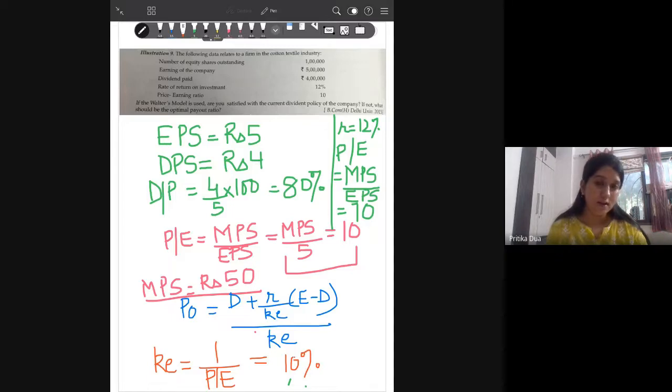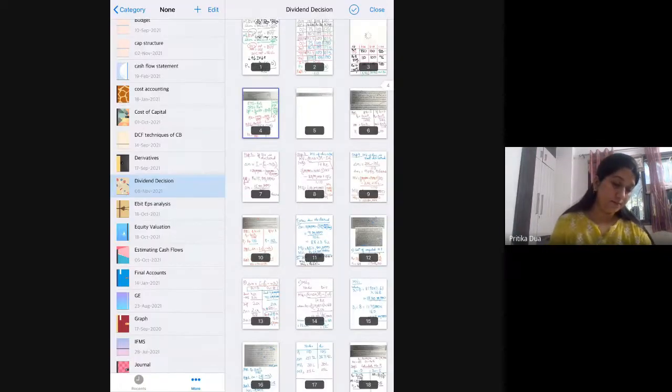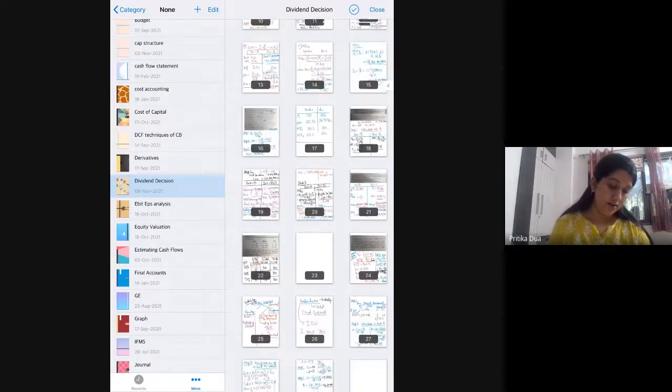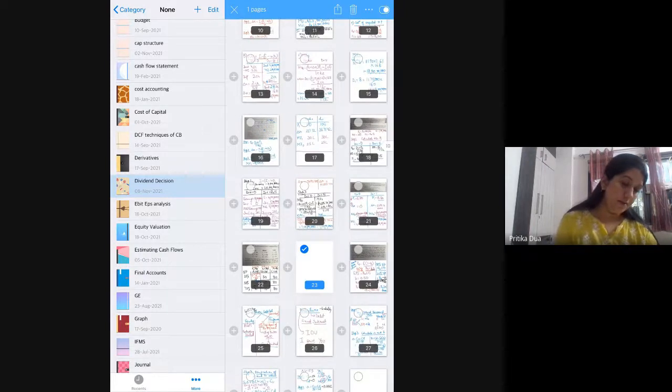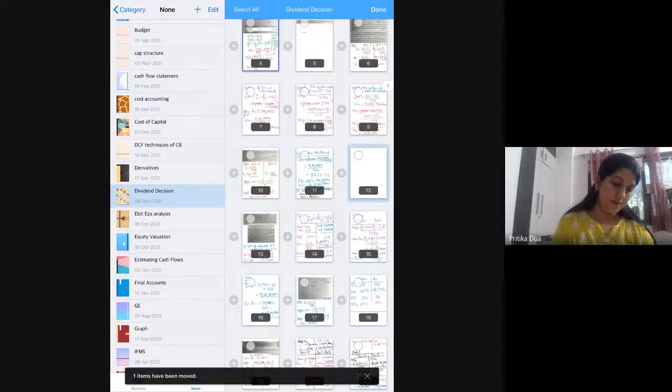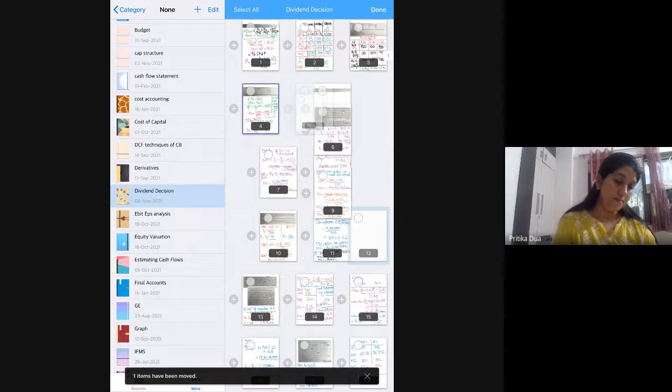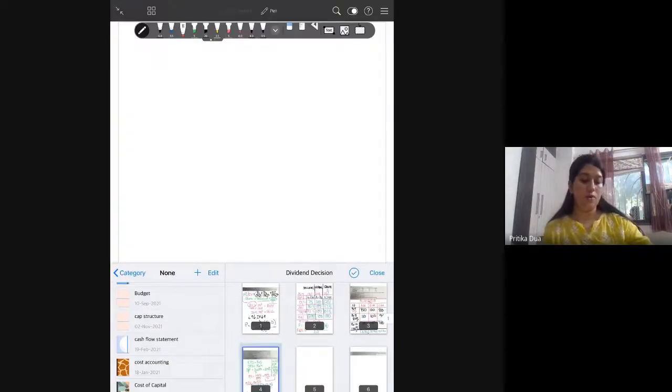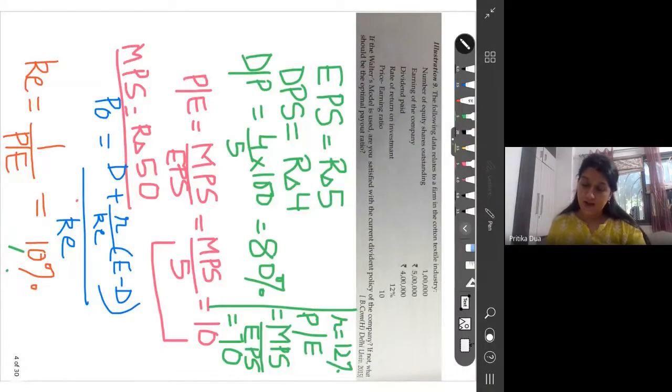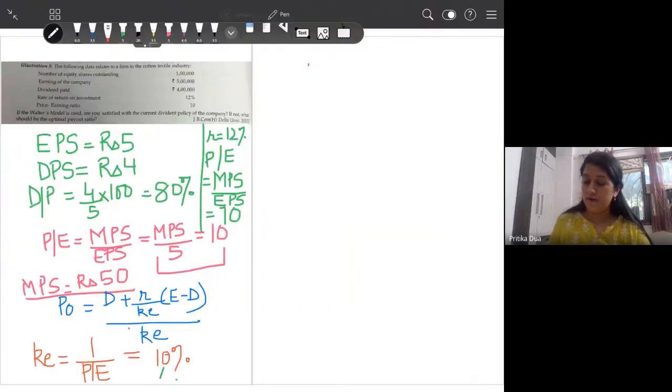With this information, let me just add a page here. What we see is that return on investment is greater than the cost of equity. So basically what you have is a growth firm.